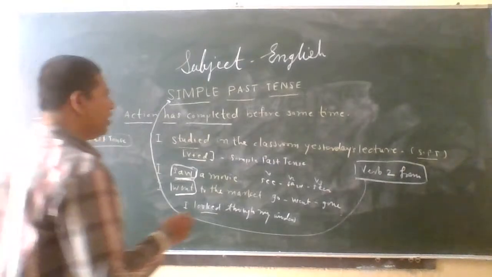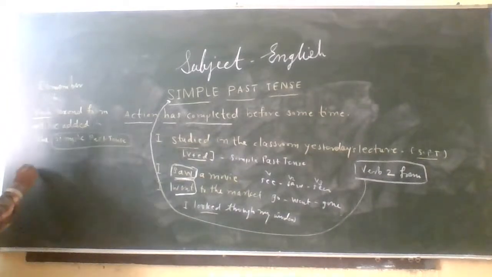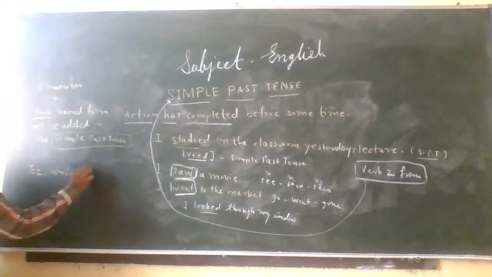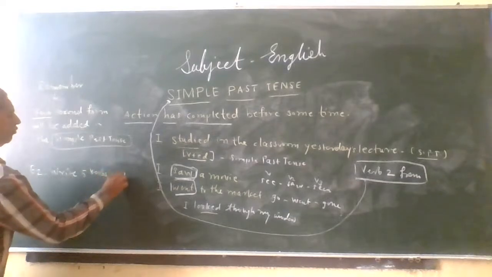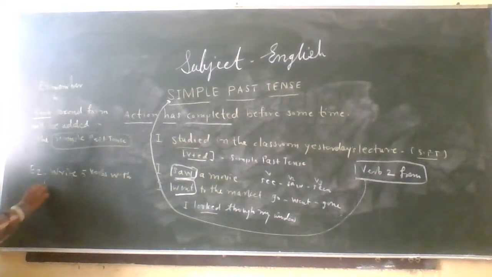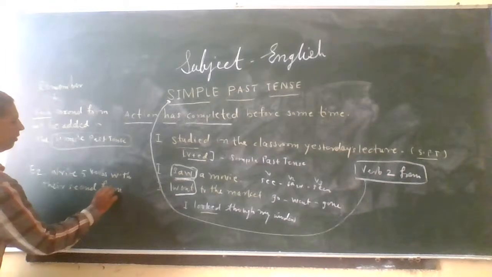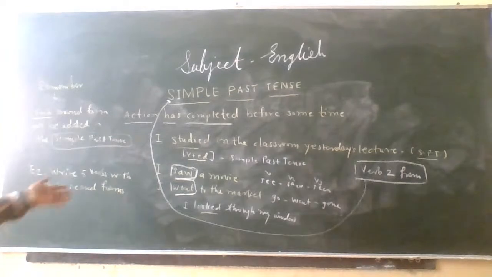So exercise number 2 is: write five verbs with their second form. Write five to ten verbs with their second form.